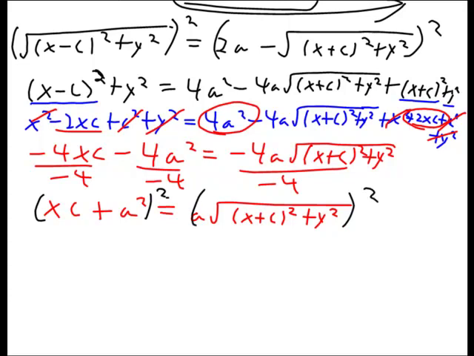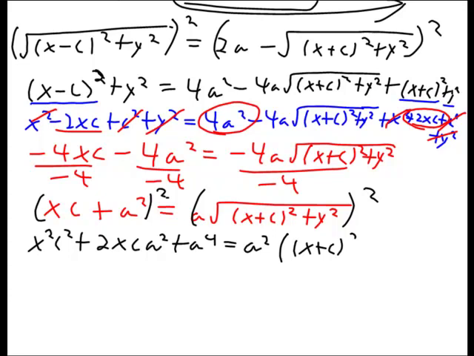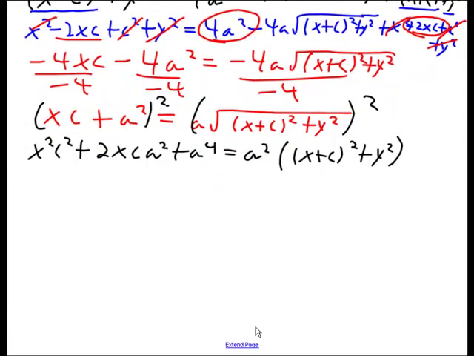To clear that radical, let's square both sides of the equation again. So squaring both sides produces x squared c squared plus 2xc a squared plus a to the fourth, and that'll equal a squared times what's left underneath the radical. So now let's go ahead and expand this out and see what we get.